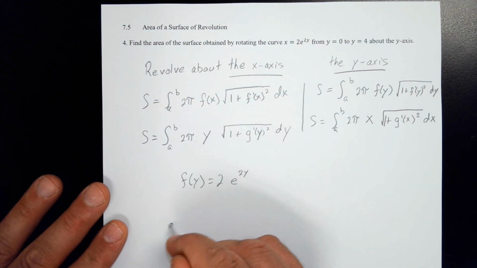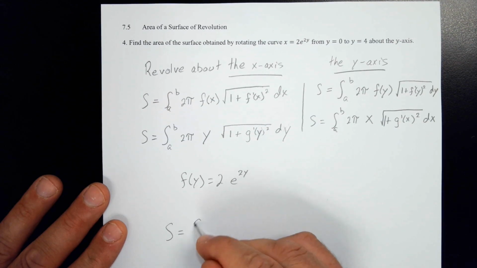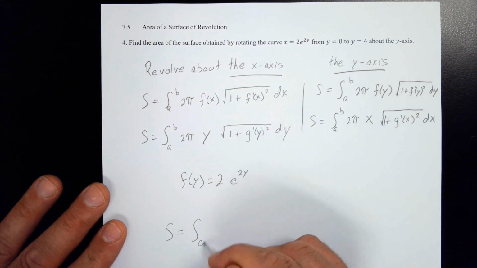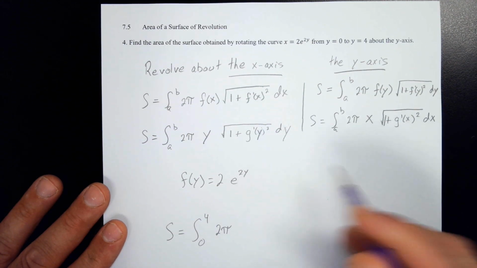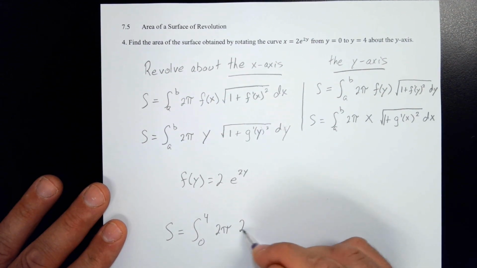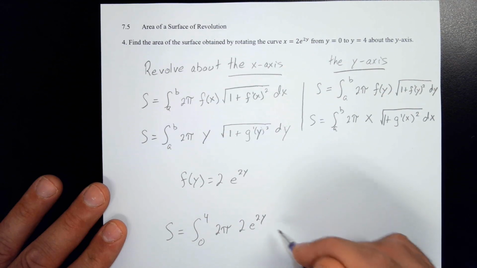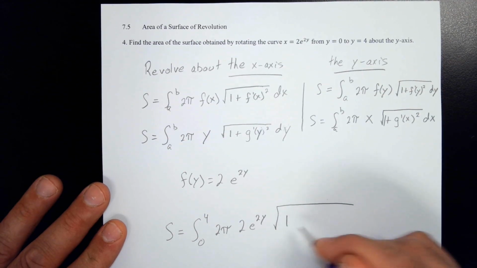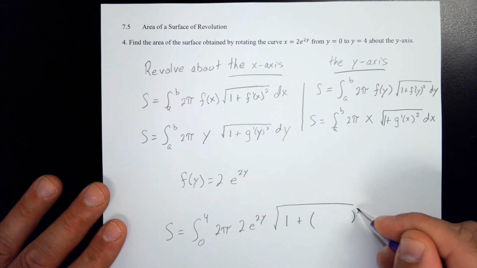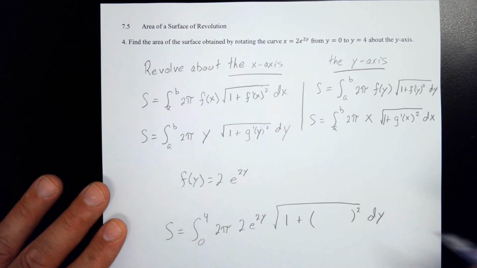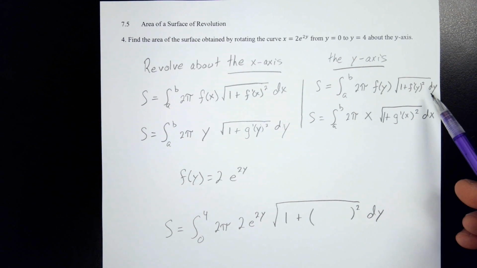The surface area is the integral from y equals 0 to 4 of 2 pi, the function 2e to the 2y, times the square root of 1 plus the derivative of that function squared, dy. So that's just plugging into this formula right here.